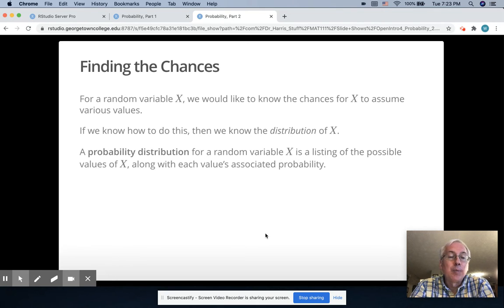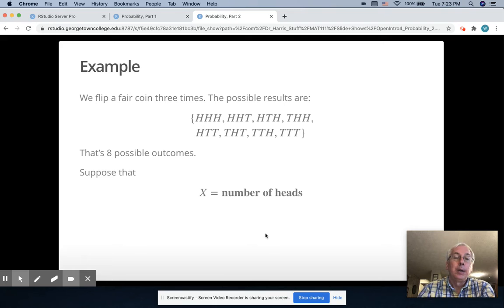To be a little bit more formal, a probability distribution for a random variable is a listing of all the possible values of that random variable along with each value's associated probability. So in some sense, it's a table where we can list all the values out and then list with them their associated probabilities. We'll do a couple of examples here.